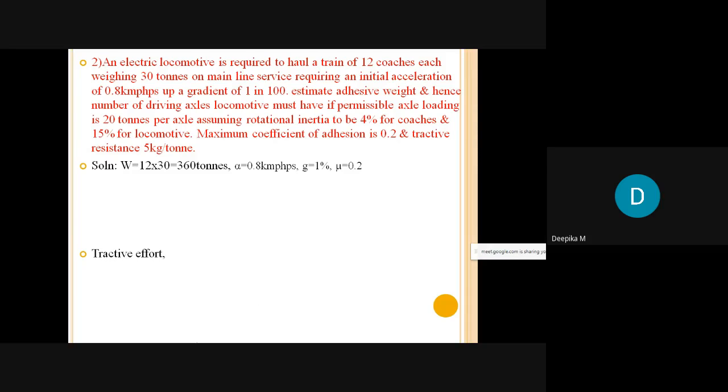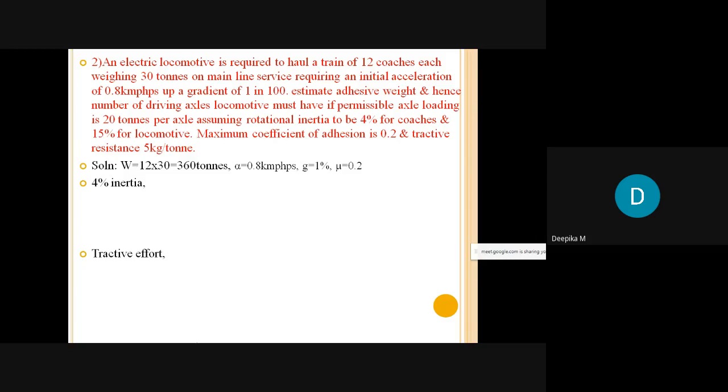First, let us list out the data, that is the weight of the train, which is actually only the dead weight of the train I am talking about. So W is equal to 12 into 30, correct? Because one coach weighs 30 tons, the 12 coaches' total weight will be 12 into 30, which is nothing but 360 tons, and alpha is equal to 0.8 kilometer per hour per second, gradient is equal to 1%, and mu is equal to 0.2.